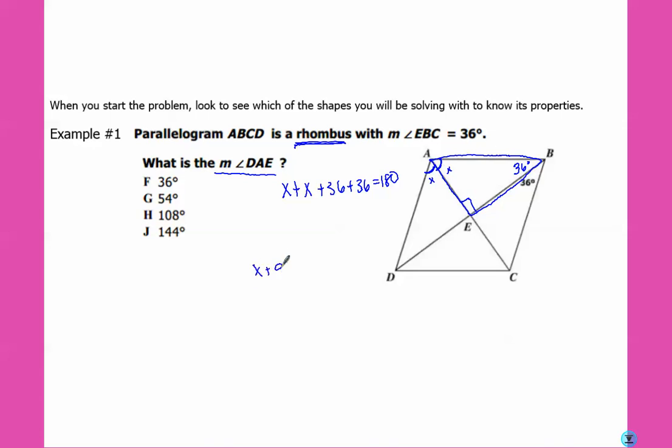So x plus 90 plus 36 has to equal 180. I like this one because there's less numbers and less x's. So I'm going to subtract the 36 and subtract the 90, and that gives me 54 degrees.